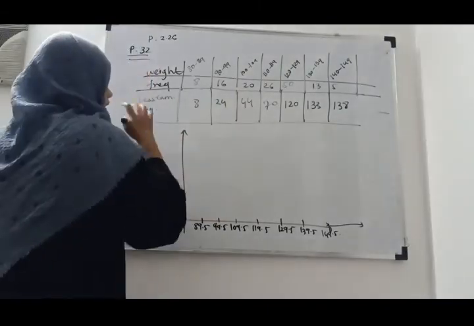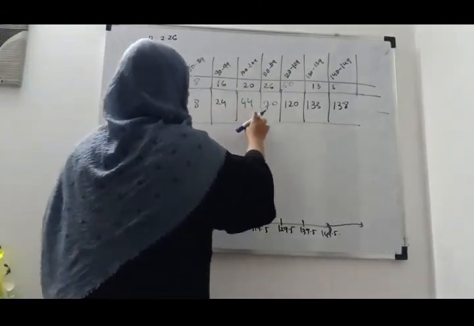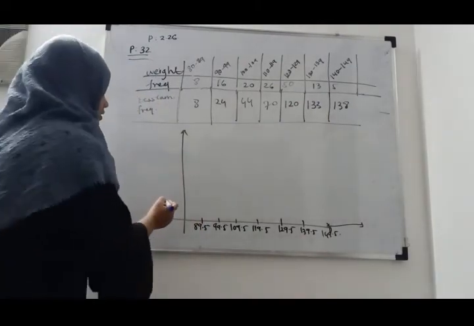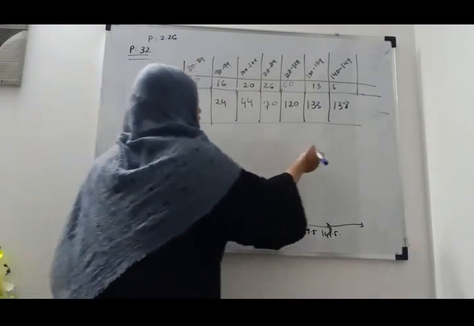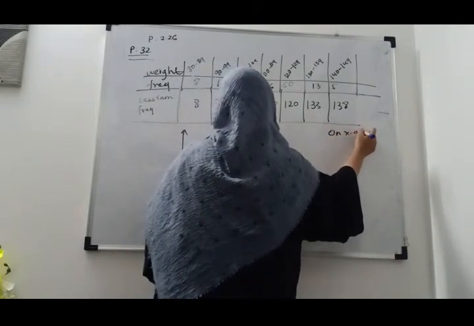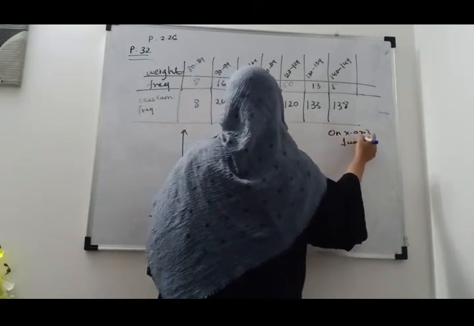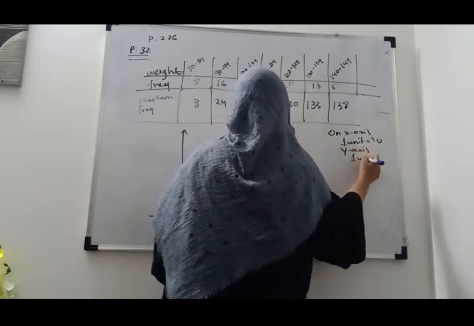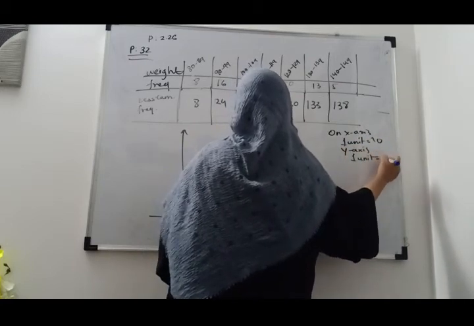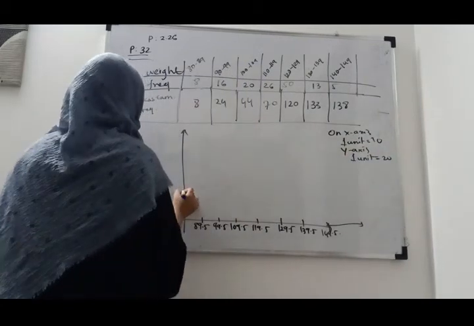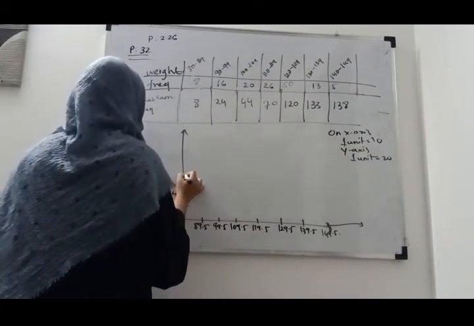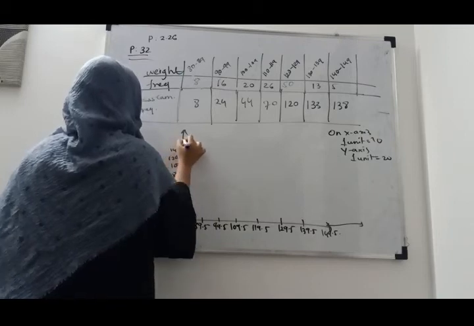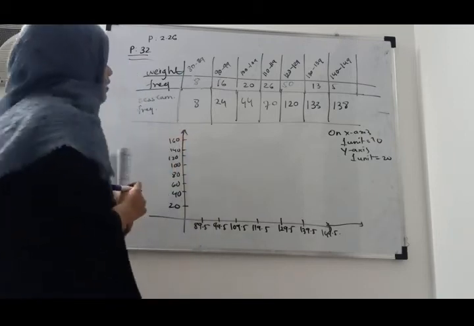Same scale on the x-axis, 1 unit as 10. On the y-axis, because the highest is 138, we have to take a difference of 20. So on the y-axis we are taking 1 unit as 20: 20, 40, 60, 80, 100, 120, 140, 160.